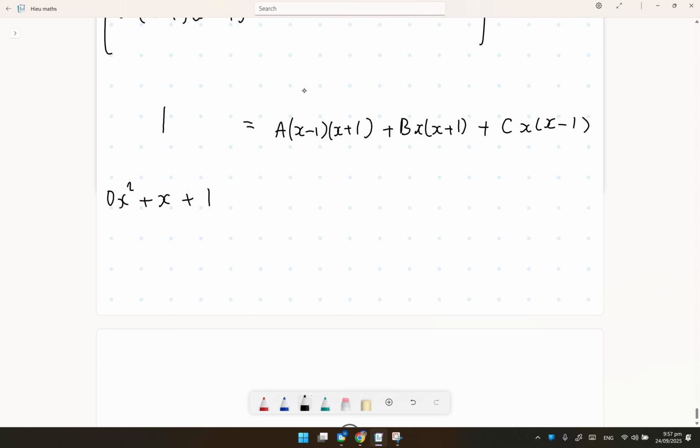But look here, we can multiply these out and find the coefficient of x squared, the coefficient of x. This is 0x, so the coefficient of x, and then the coefficient of the constant, which is just a constant. So we can compare the coefficients and then find the values of a, b, and c.